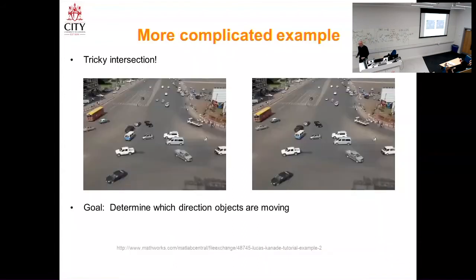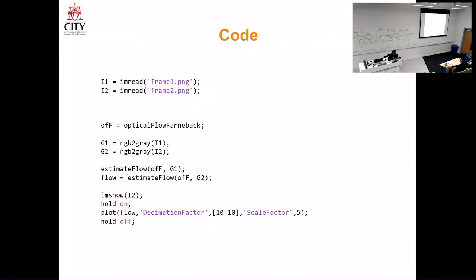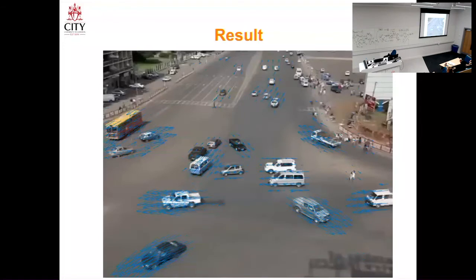Okay, here's a more complicated example. Here we have 2 frames from a video sequence, and you've got cars going in every which way. I personally would not want to drive in this intersection, but I'm a cautious driver. Anyways, the task for optical flow is to determine which way the vehicles are moving. And if we run Farneback's method on this, here's what we get.